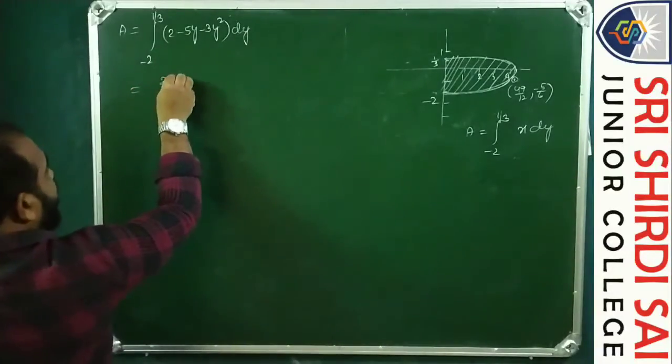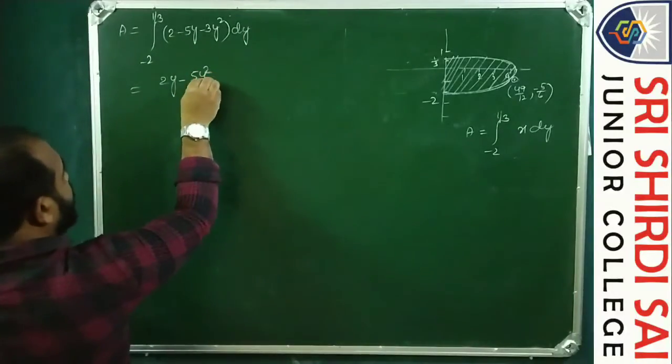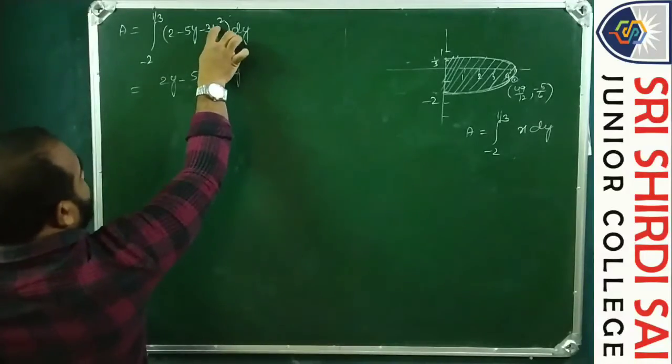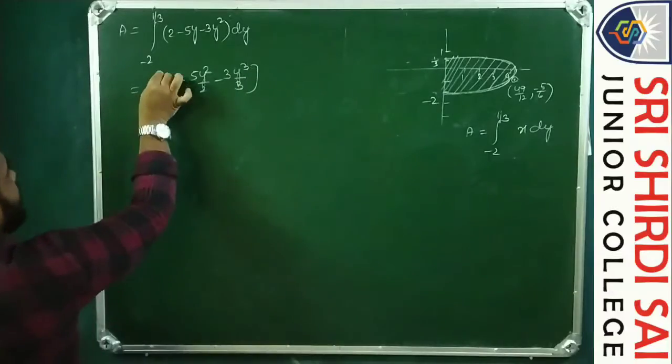Now the integral of 2 dy is 2y, minus 5 times the integral of y dy, which is y²/2, minus 3 times the integral of y² dy, which is y³/3. The process of integration is over.